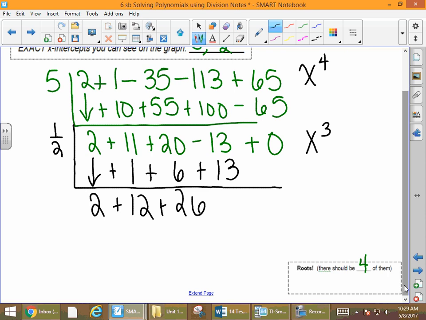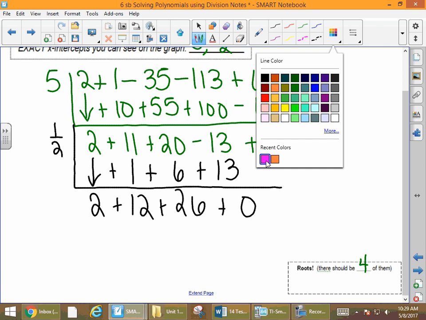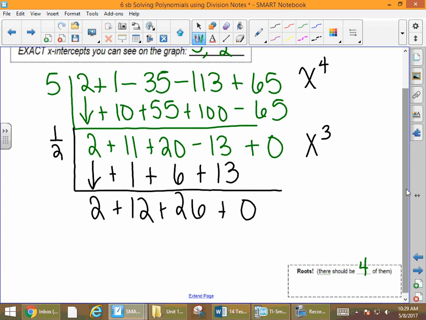And negative 13 plus 13 is 0. And when we finished this problem here, we just did prove, first of all, that 1/2 is a root. Our remainder was 0. And our function now is in the format of x squared.